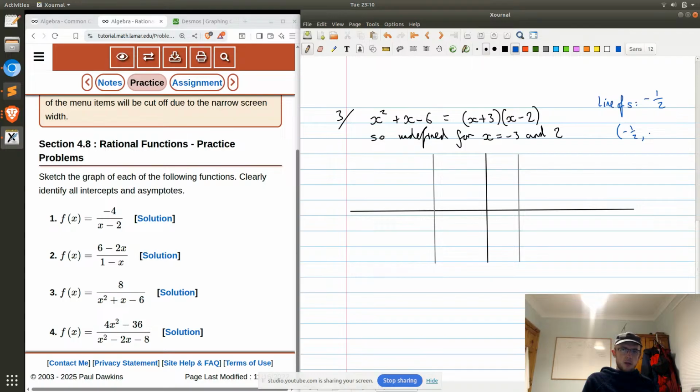Minus 6 1/4. So it would be 8 over minus 6 1/4. So like that.